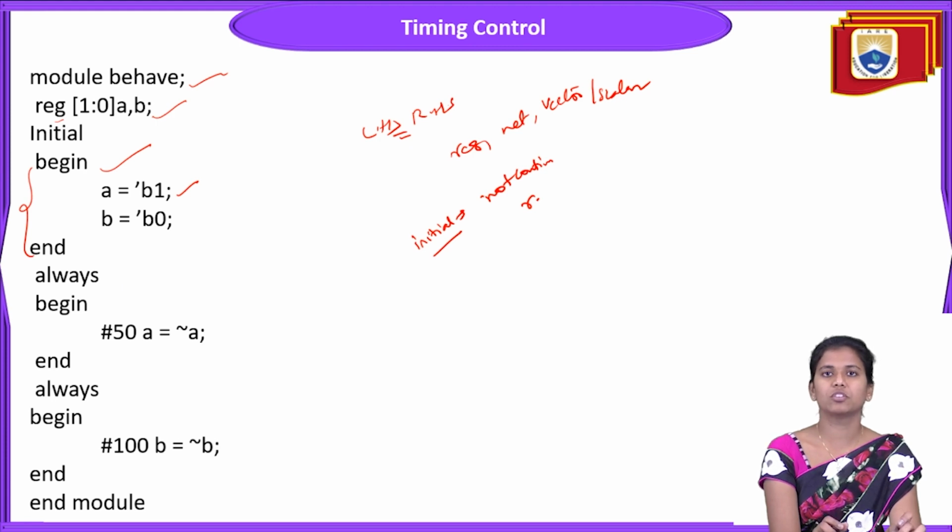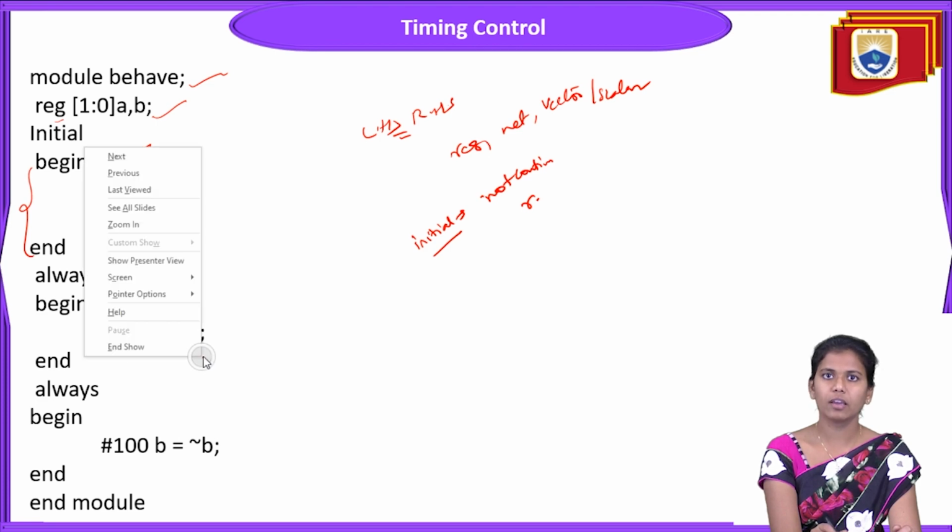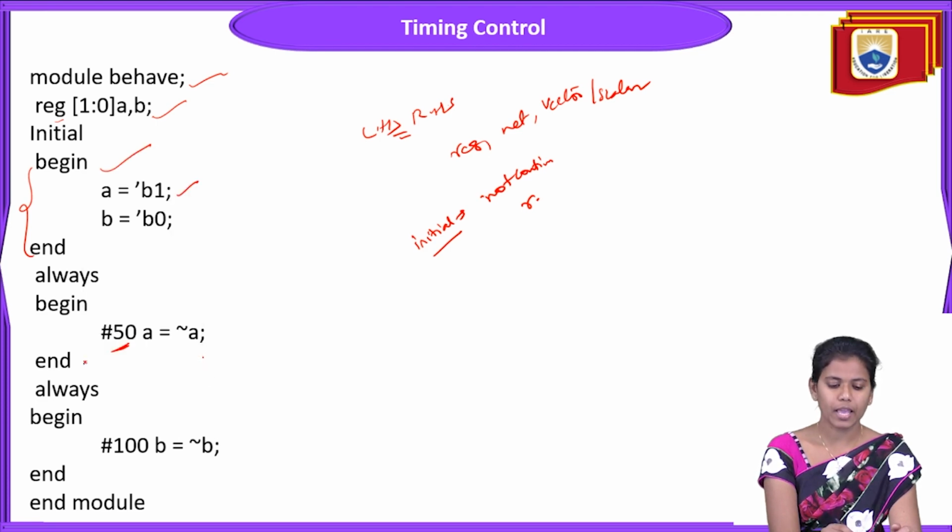Next, coming to the always. In procedural continuous statements, we will use two keywords, initial and always. Always can be repeated twice or more than twice, but initial is executed only once. So here, always begin. This is a timing control. With a delay of 50 nanoseconds, my input has been delayed with a NOT gate, negation of A, and ending.